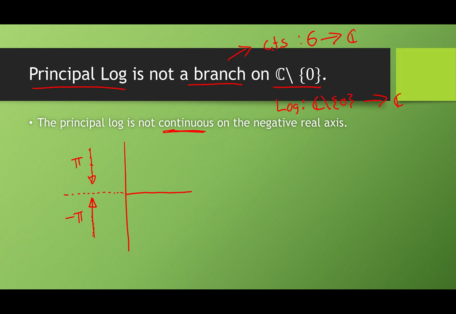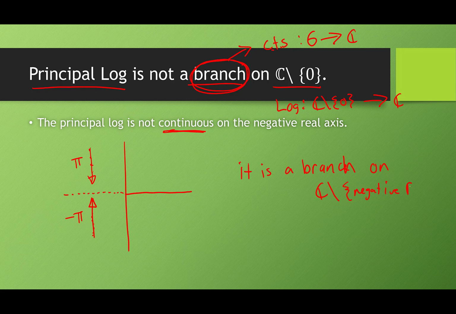However, we could make it a branch if we get rid of the negative real axis. So it is a branch, and this is why I was drawing that family tree kind of weird. It is a branch on C less the negative real axis.